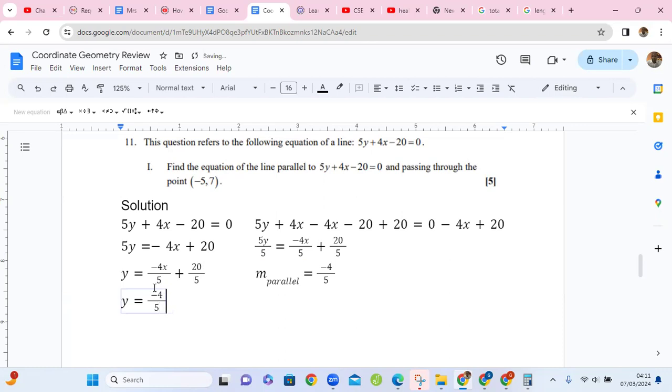So we can substitute the gradient in the place of m in y equals mx plus c. Now we're going to use the coordinates of this point to solve for c. So y will be 7, x will be negative 5. That's minus 4 over 5 times negative 5.